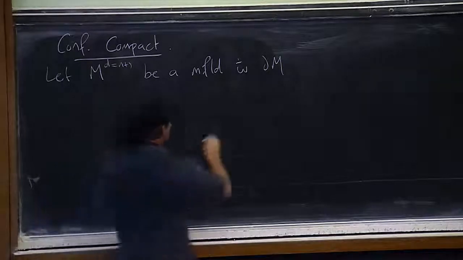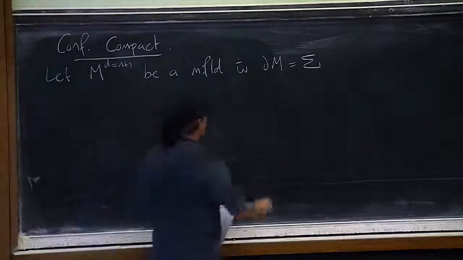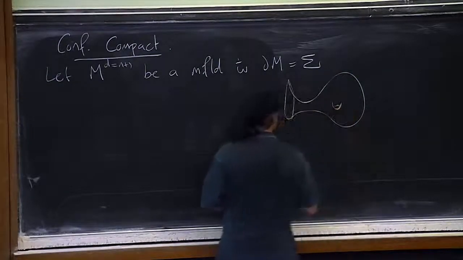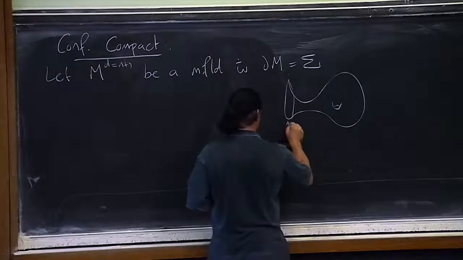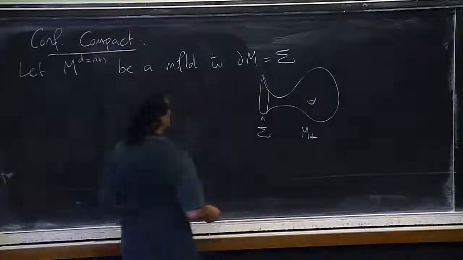And I'll call the boundary sigma, because I like to think of it as a kind of hypersurface. So I'll draw this picture here, but the picture doesn't necessarily make much sense in the context here, but let me think of the picture like that. So here's the boundary. The interior I'm going to call M plus.